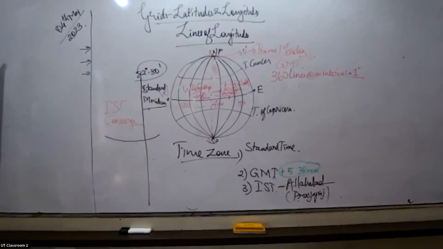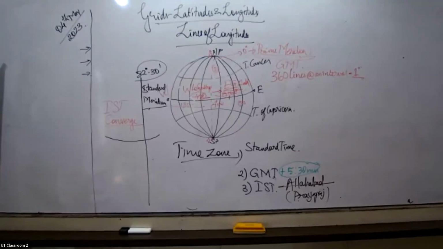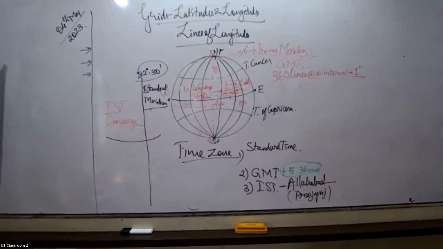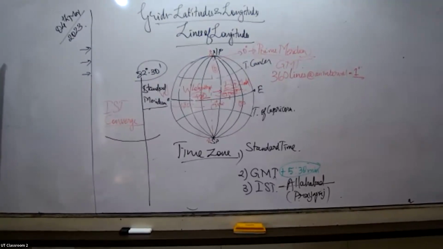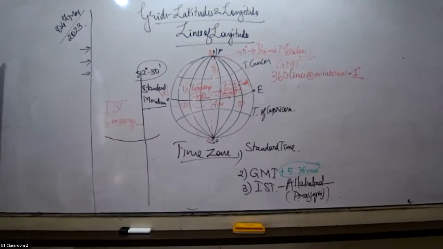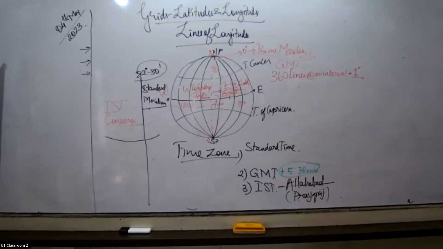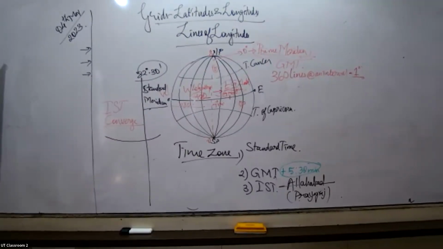The equator is the only latitude that is a great circle. All longitudes are a part of a great circle. Small circles, which do not pass through the center of the earth, are the small circles. Underline. In your notebook, write great circle and small circle. Great circle is only one.